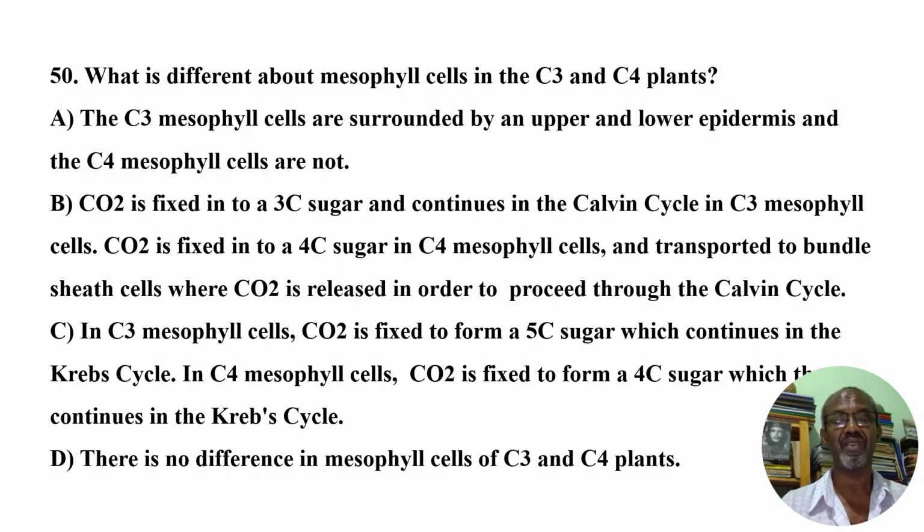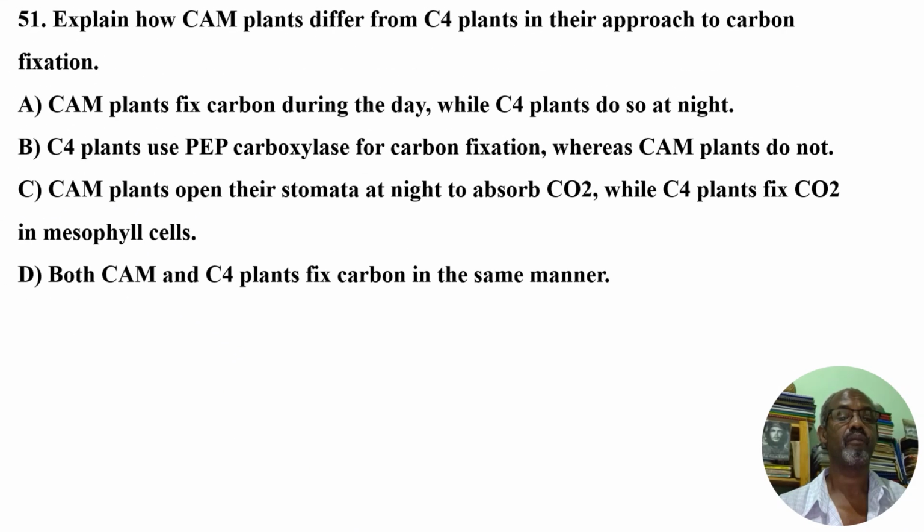CO2 is fixed to a 4 carbon sugar in C4 mesophyll cells and transported to bundle sheath cells, where CO2 is released in order to proceed through the Calvin cycle. This statement is correct, of course. In C3 mesophyll cells, CO2 is fixed to form a 5 carbon sugar? No. There is no difference in mesophyll? There is a difference, of course. The answer is B.